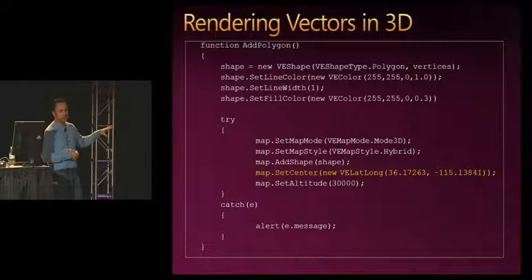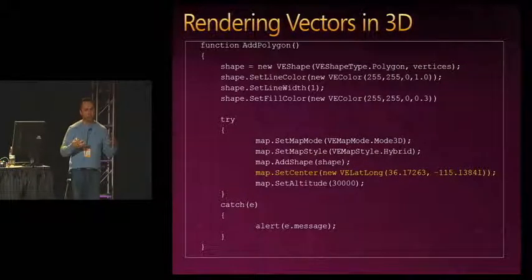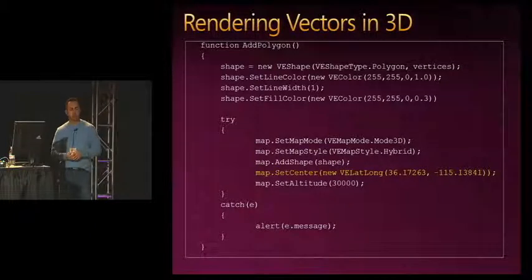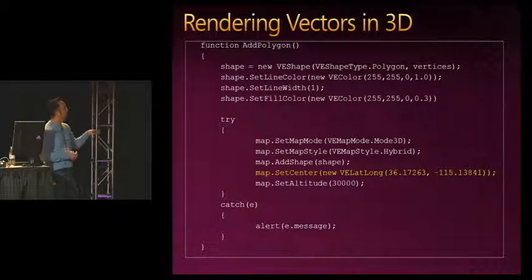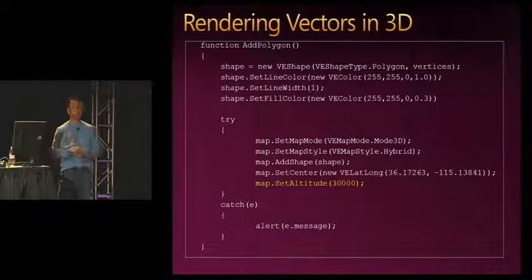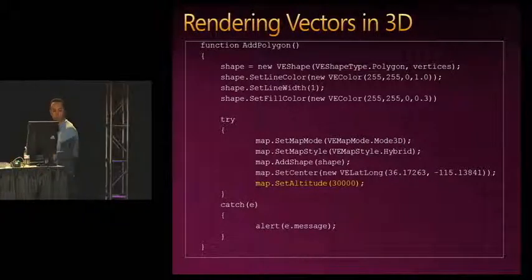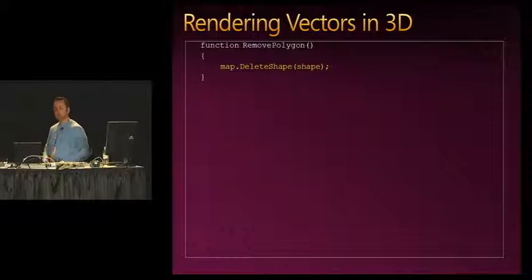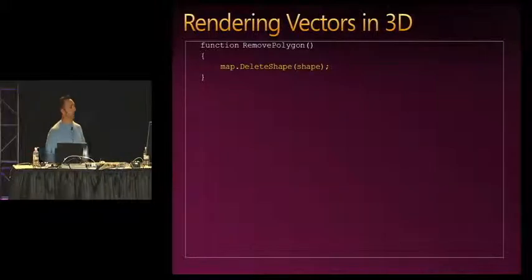But for illustrative purposes, again, I'm just doing it this way so you can see this is how you would do it. So typically, this would be a programmatic call. And then I'm going to set the altitude. Because I'm going to be in 3D, I can actually set the altitude of my polygon. So I can raise it up, kind of like a pup tent, if I wanted to. And then I've got an alert to catch any problems. We hope for no problems.